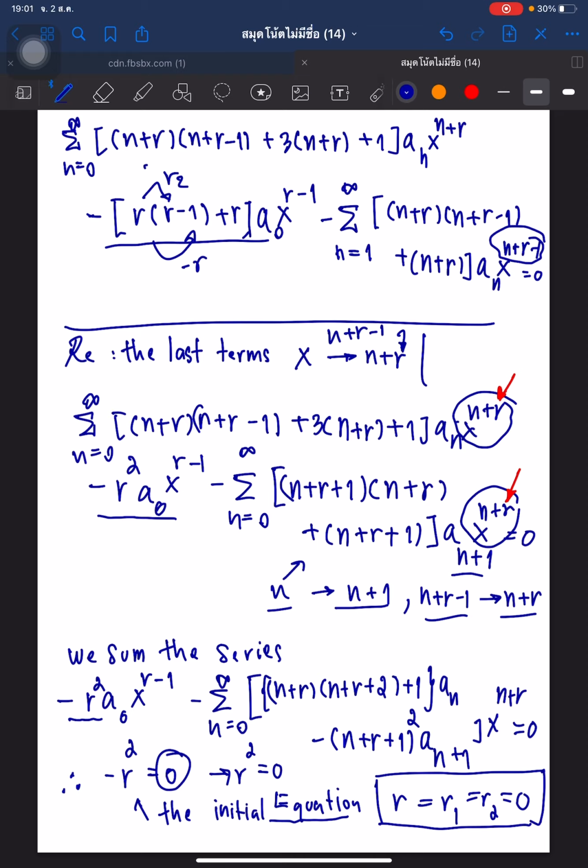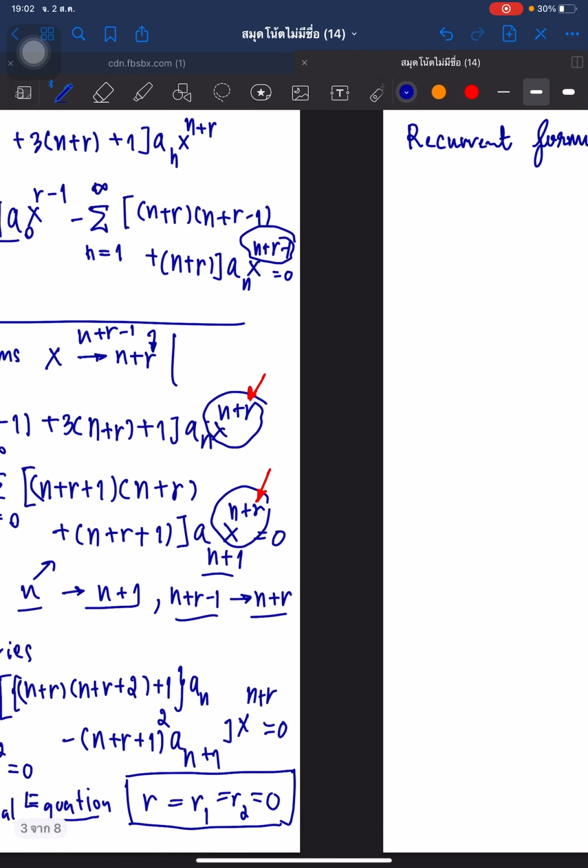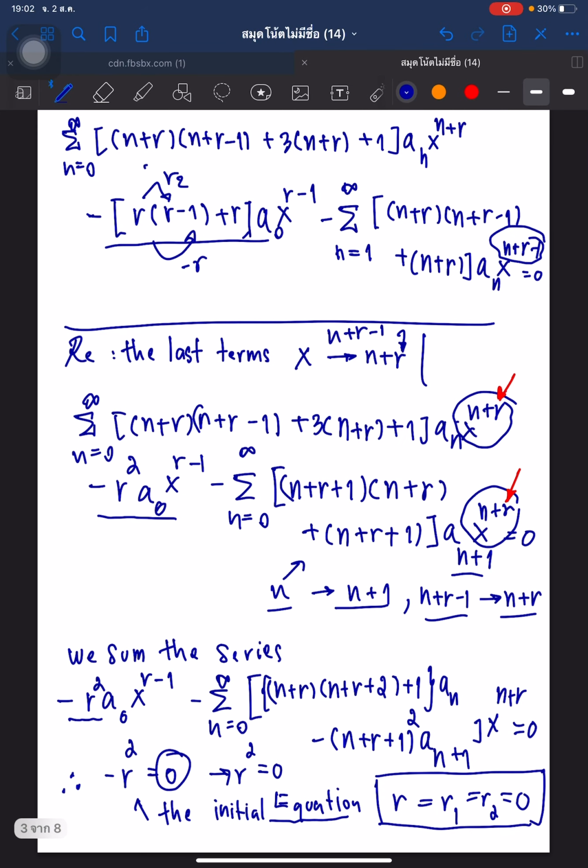After that, we have the recurrence formula, which is the coefficient.